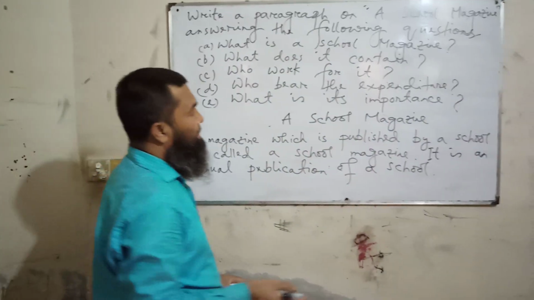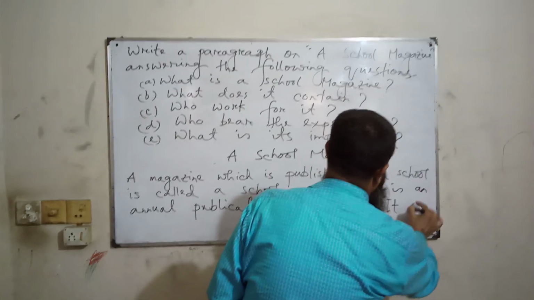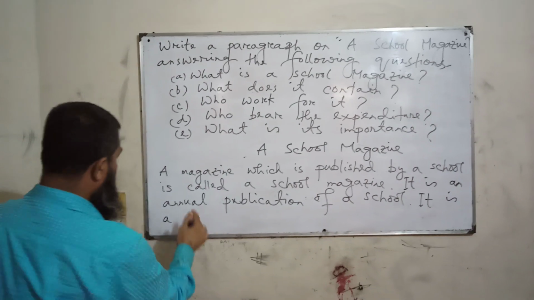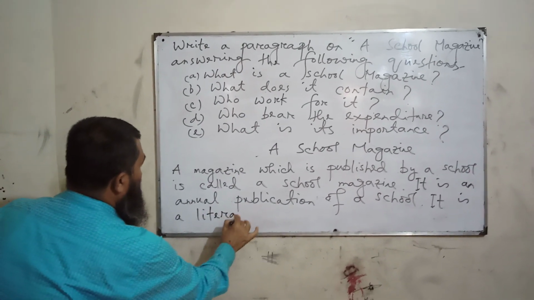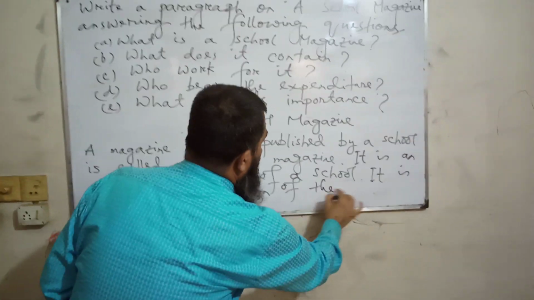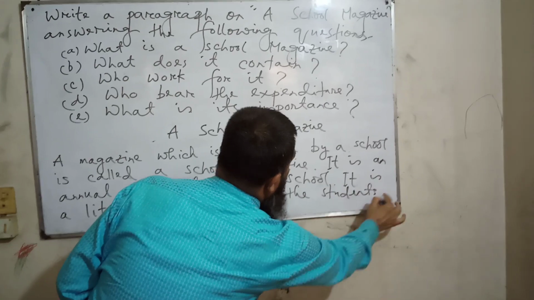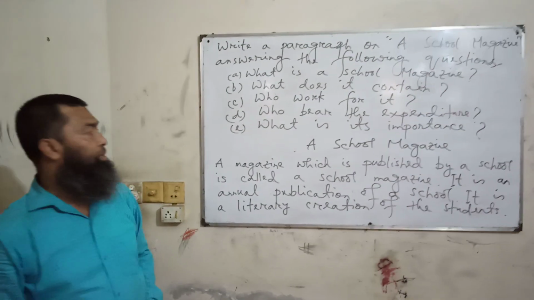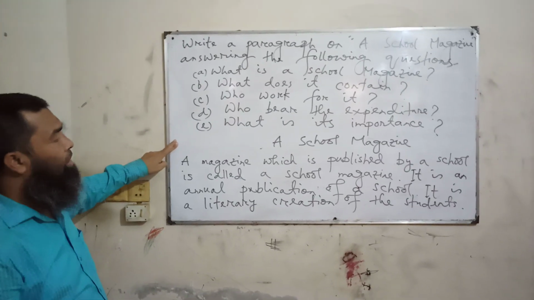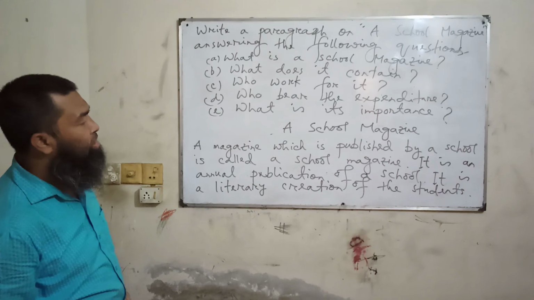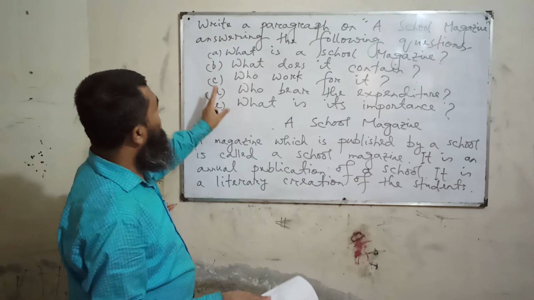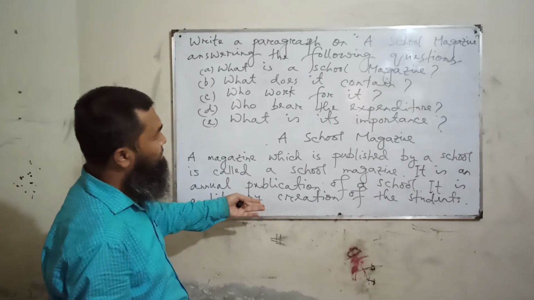You can write: it is a literary creation of the students. So, what is a school magazine? A magazine which is published by a school is called a school magazine. It is an annual publication of a school. It is a literary creation of the students. I think your answer to the first question is enough. No need to write more.